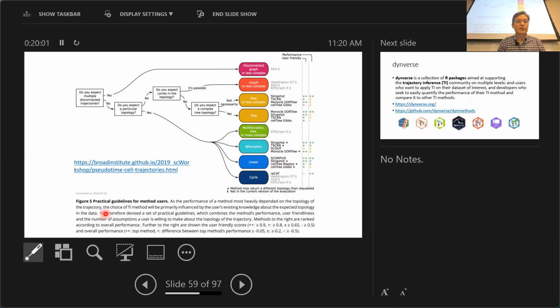They do have a practical guideline for method use. I think they have some questions, like whether you expect a circle in the topology.